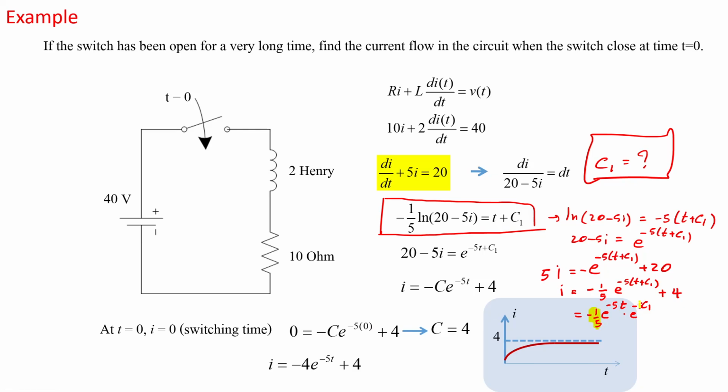This term and this term, right? And plus 4. So this term we can represent as one constant, C, okay, any C, right? So I equal to any C that we don't know yet what is C into e power minus 5t plus 4, okay.